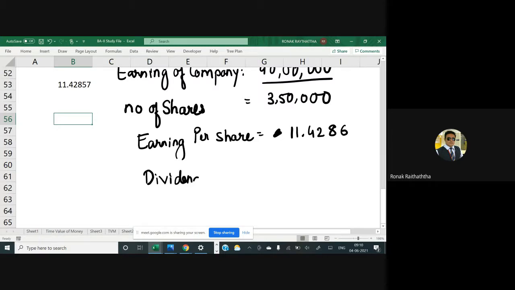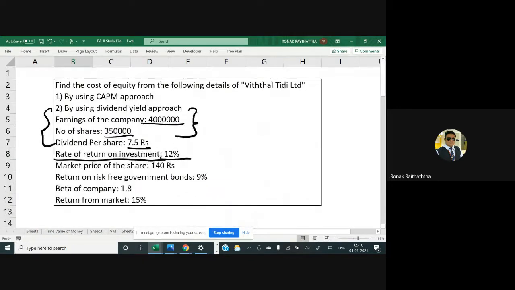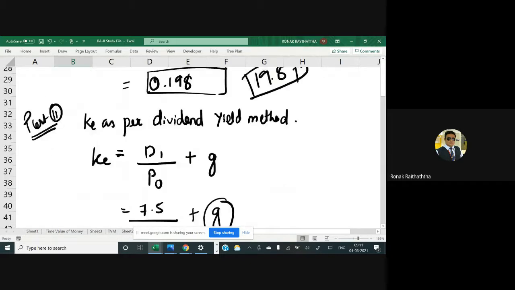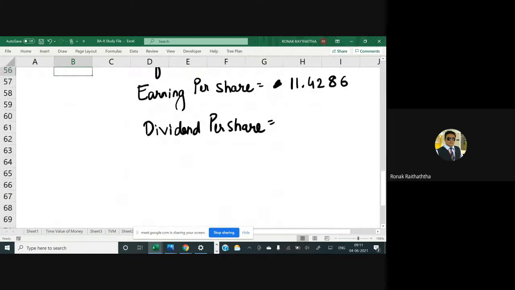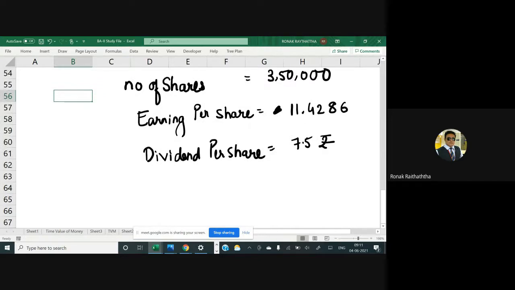Dividend per share. Sir, how much? That is 7.5 rupees. Now from 11.4286, if you pay 7.5, then what is the dividend payout ratio?